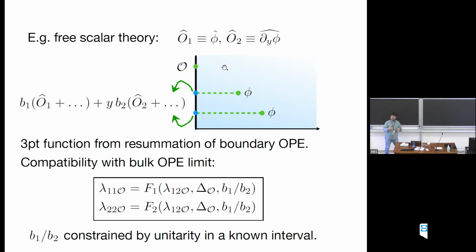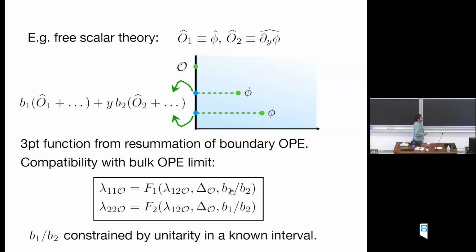We completely resum the bulk-to-boundary OPE, and then we impose that this mixed bulk-boundary 3-point function is compatible with the bulk OPE. By doing so, you find that out of these 3 OPE coefficients, only 1 is an independent parameter.